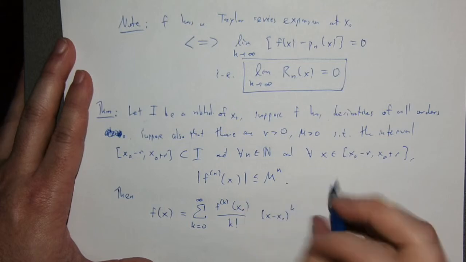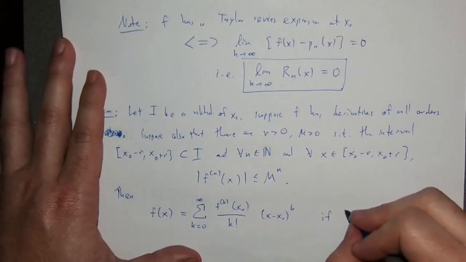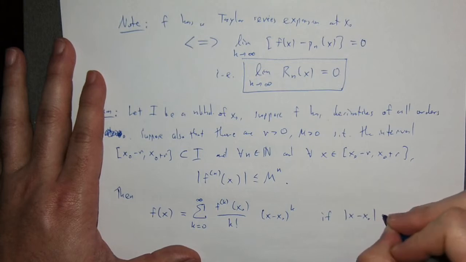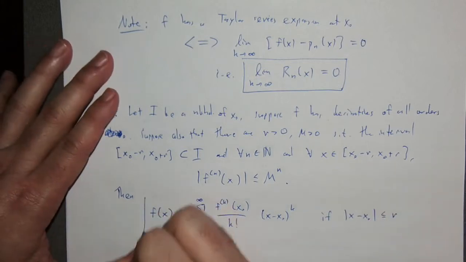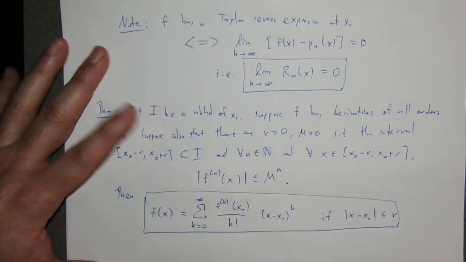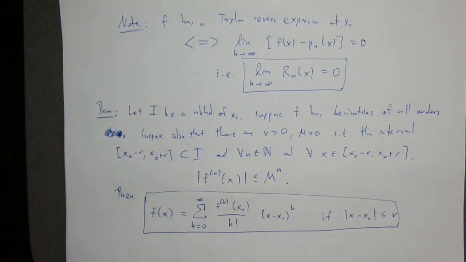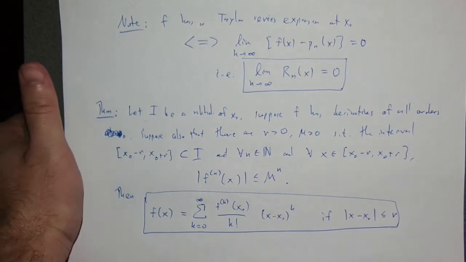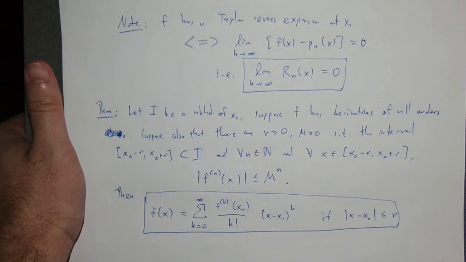And this is true in a radius that's this r. This r defines our radius where this happens. All right. So, this is going to basically give us the okay for some easy functions.